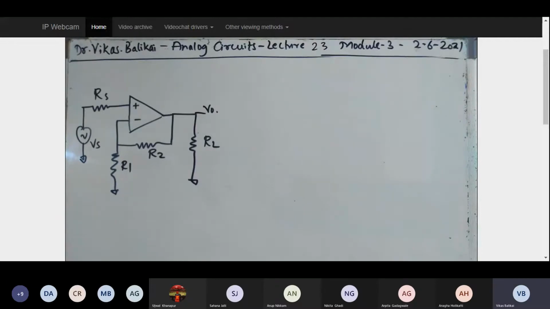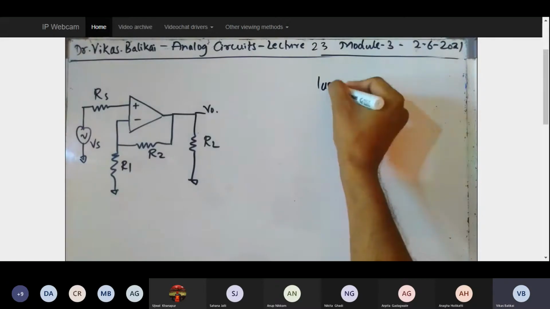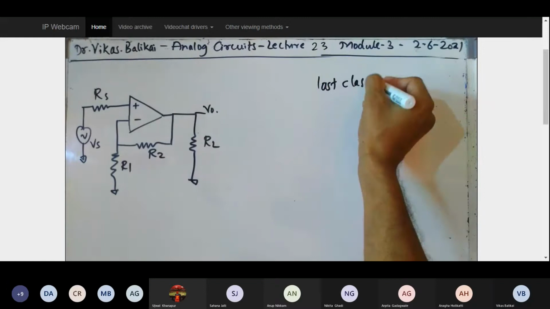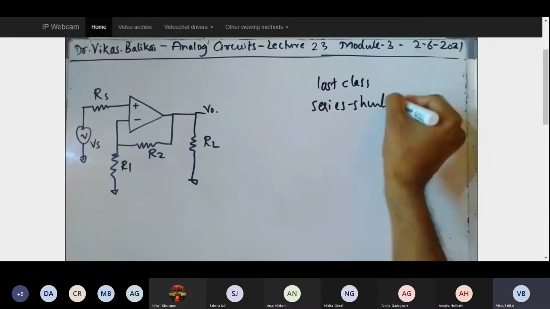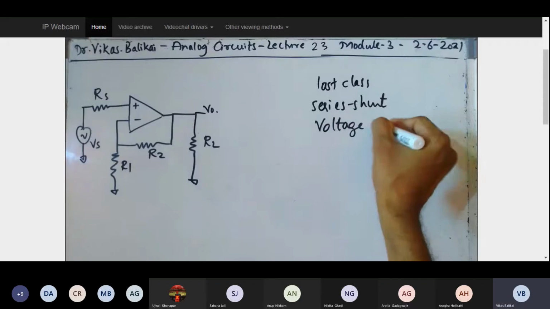In the last class, if I just want to summarize, we started with the series shunt, or in simple terms, the voltage amplifier.